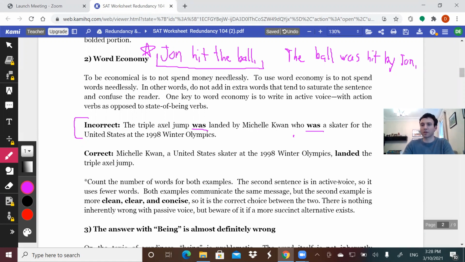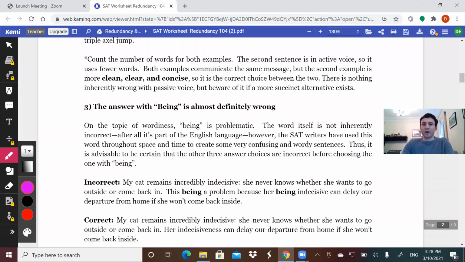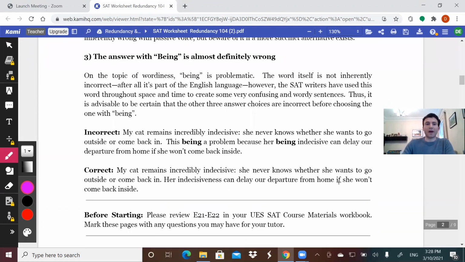As long as you can say it with less and more directly, that's usually the way to go. Being. If you see being on the test, put on a pair of Nikes and run as fast as you can in the other direction. Being is pretty much always wrong. It creates wordiness, confusion, and diluted sentences. If you want to see more on that, I encourage you to look this over, but you can take my word at face value that being creates convoluted sentences.